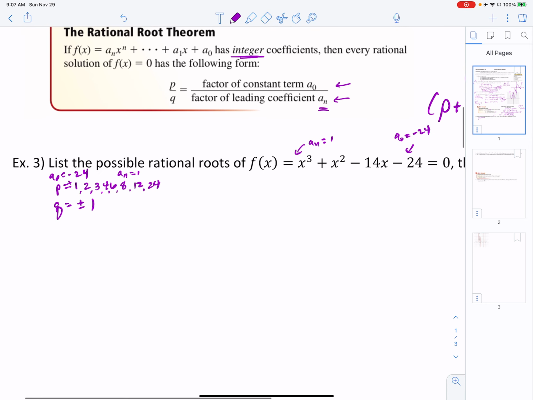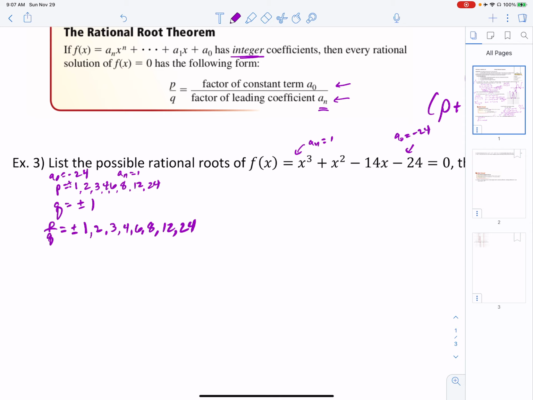You list the factors of p, you list the factors of q, and then you write p over q, you have all of these plus or minus ratios of these numbers. 1 over 1 is 1, 2 over 1 is 2, and 3 over 1, because the denominator on this is 1, those are all my possible rational roots, and they're plus or minus on each one of those.